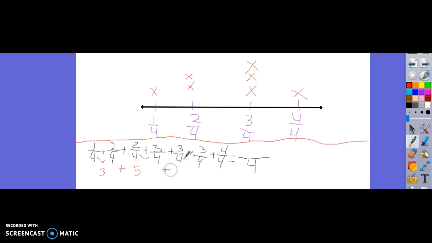Plus 3 plus 3 is 6. This has no one to add it to, so you can just bring it down. 6 plus 4 is 10. Plus 5 plus 3 is 8. So what's 8 plus 10? 18. Are you done?